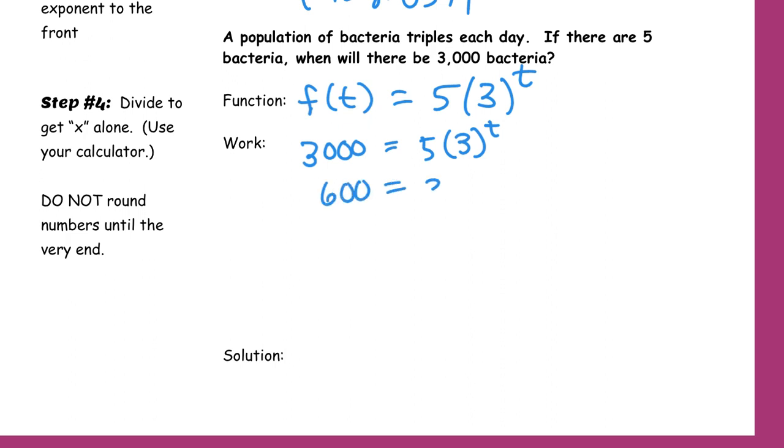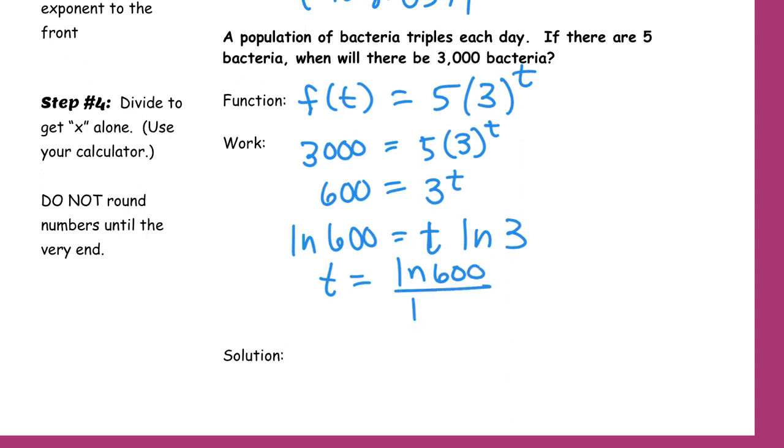So 600 equals 3 to the t. You think we're getting those the same base? No. So we're going to ln or log both sides? Let's ln it. We got ln 600 equals t ln 3. So t is going to equal what? ln 600 over ln 3.